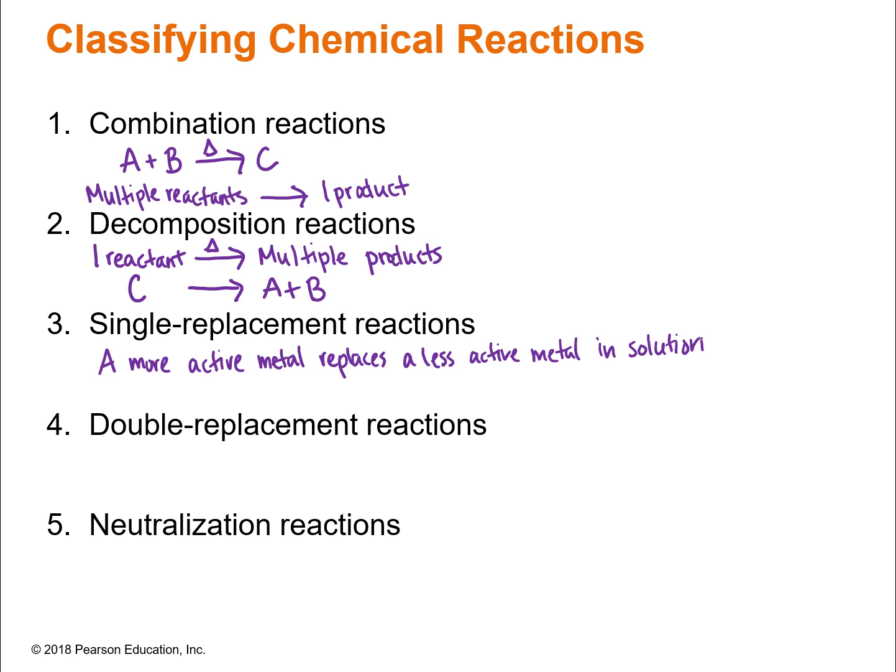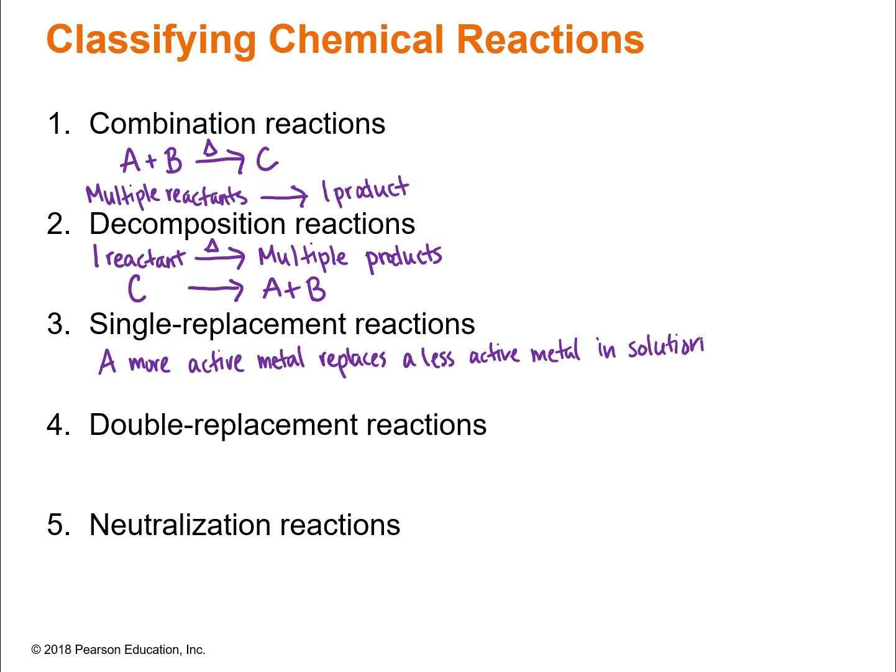There's an activity series that I'm going to go over that lists various metals in order of most active to least active. If you combine a solid metal with an aqueous solution of a ternary ionic compound or a binary ionic compound, if that metal, the solid metal, is more active, it's going to replace what's there. And that'll become more apparent once I show you some examples. Right now, I just want you to have this cheat sheet so that you can remember what each of these reactions are.